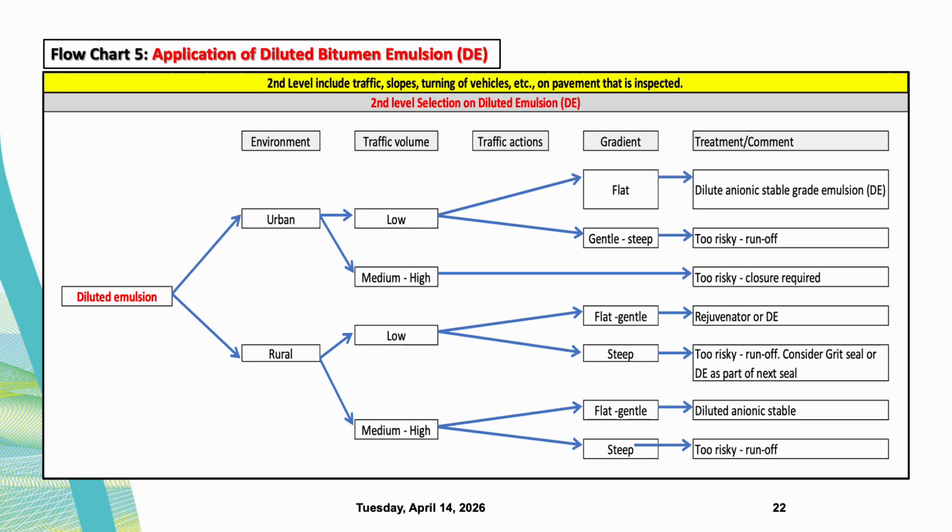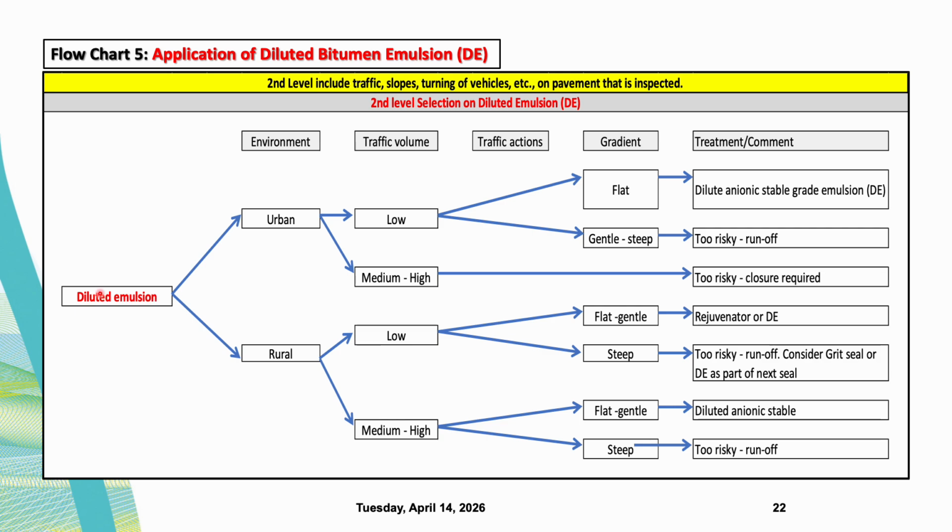Going to 5. This is now the use of diluted emulsions. Now, remember the definitions of all these acronyms are given in SG1A. It's also in the documents. But the diluted emulsion can be used. It is bitumen mixed with water, where you've got a 40-60 ratio between bitumen and water.